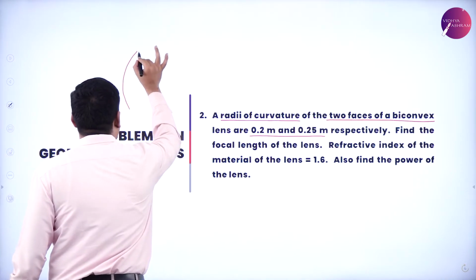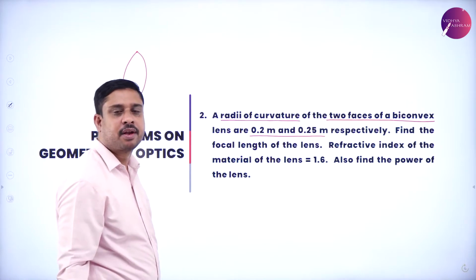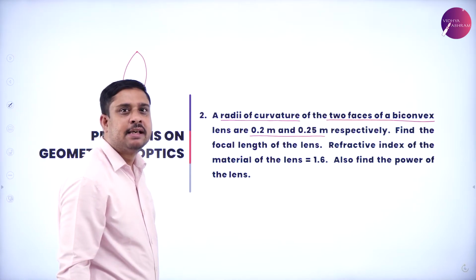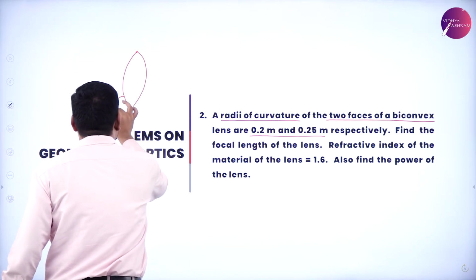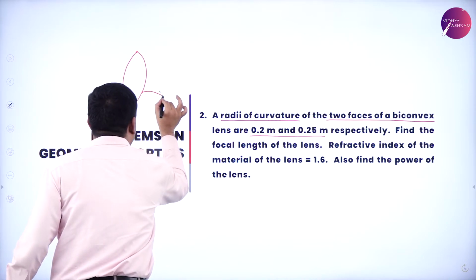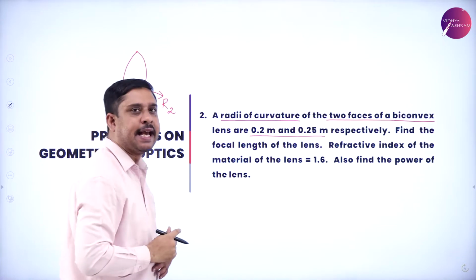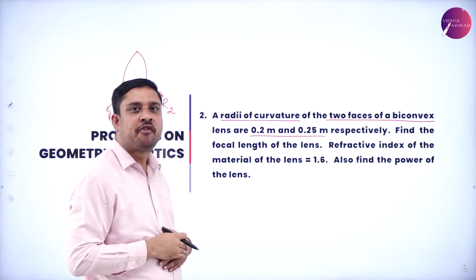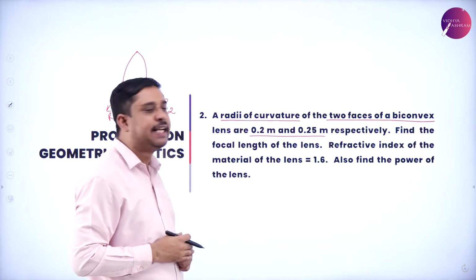So a biconvex lens is given. There is a biconvex lens. This is the radius of curvature of the first face. This is the radius of curvature of the second face, which is given here.